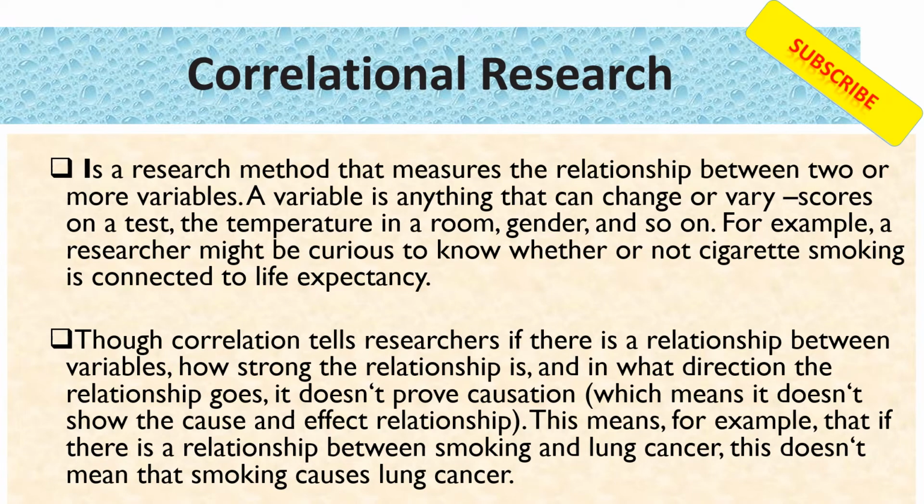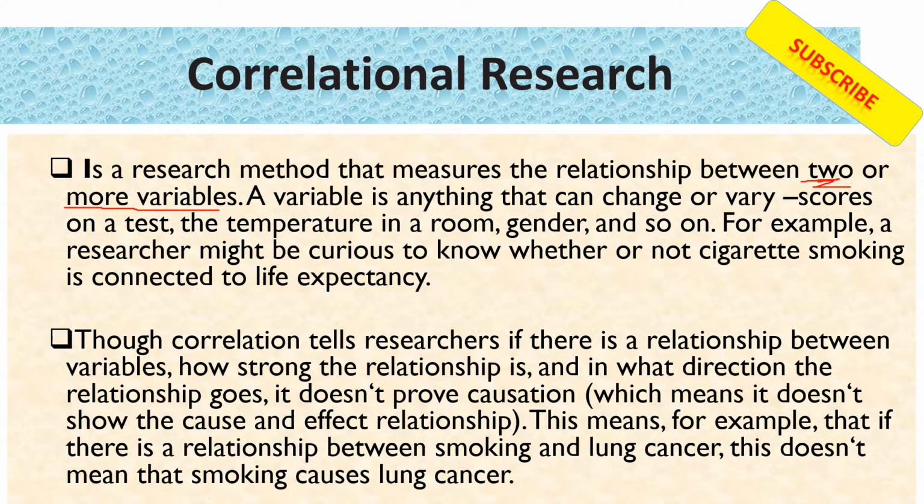Third is correlational research, and it is a type of research methodology that measures the relationship between two or more variables. And when we talk about variables, we are talking of anything that can change or vary, that is, scores on a test, temperatures in a room, gender, and so forth.